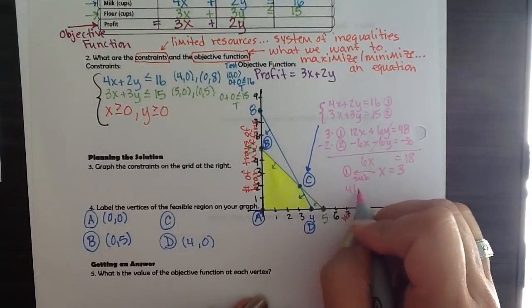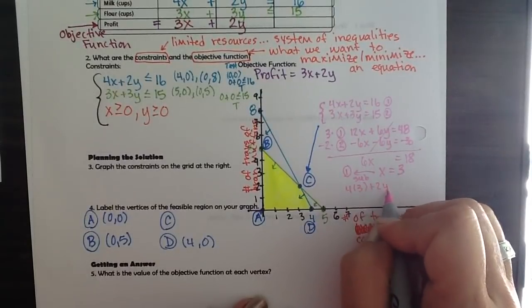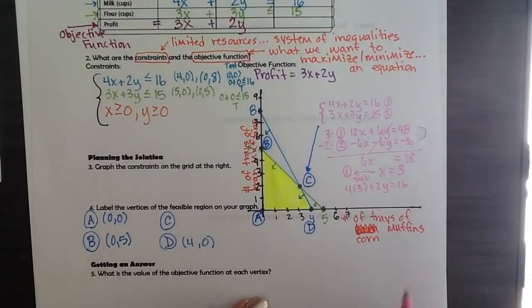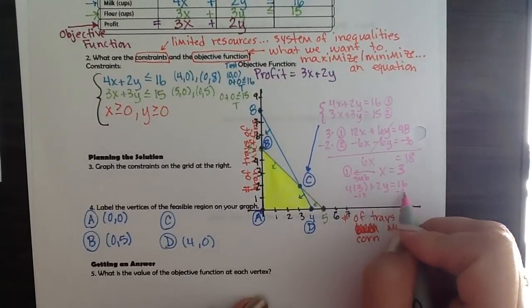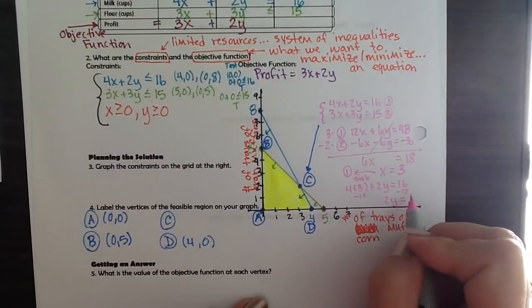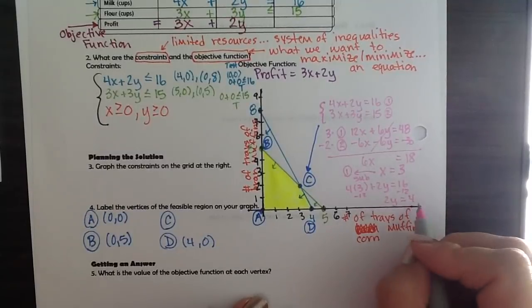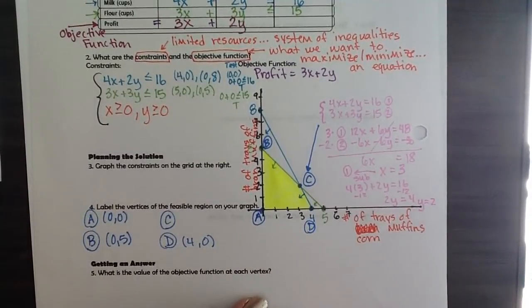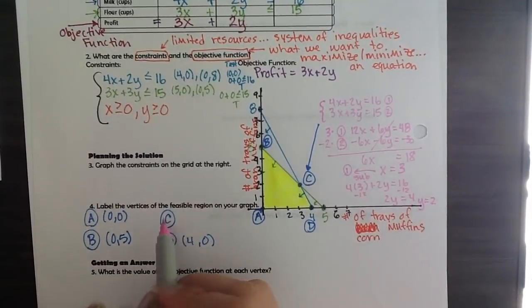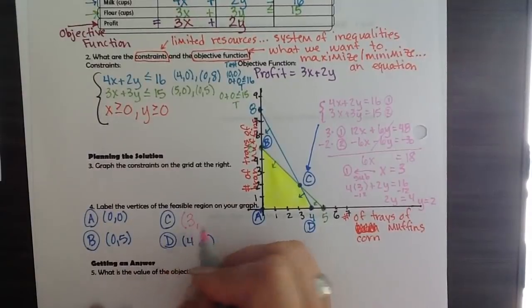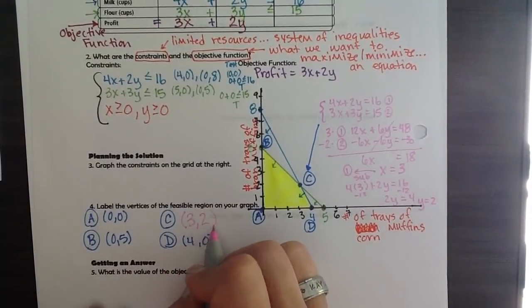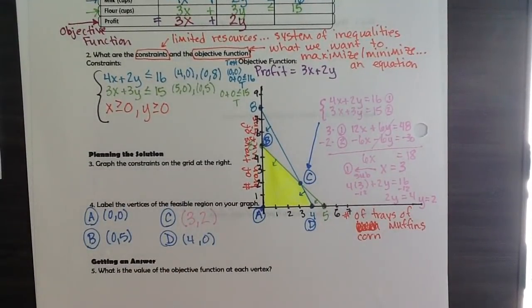So I'll have 4 times 3 plus 2y equals 16. So that's 12. So I'll subtract 12 on both sides. So 2y equals 4. Divide both sides by 2. So y equals 2. So my fourth vertex will be the ordered pair x is 3, y is 2. So the ordered pair, 3, 2.